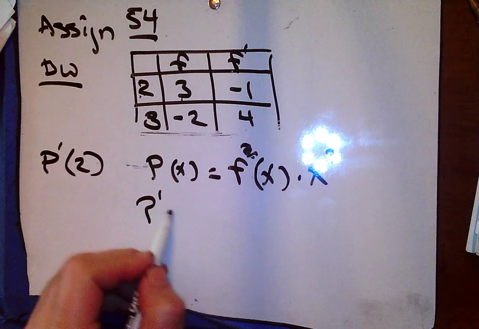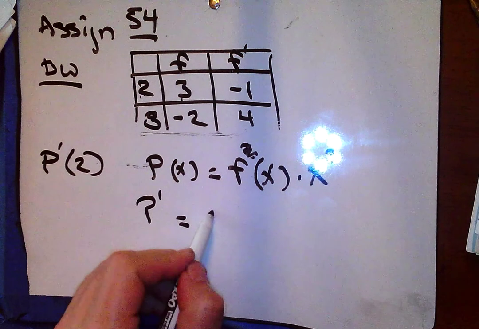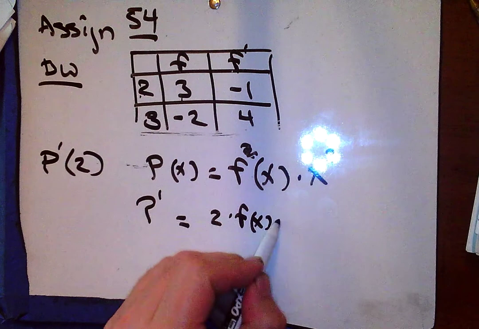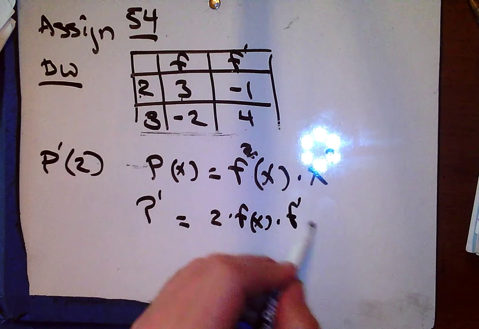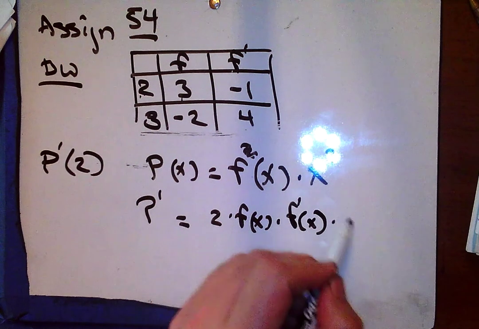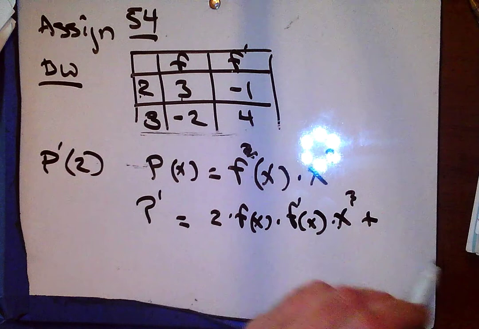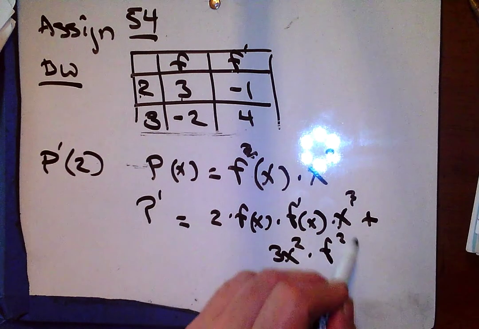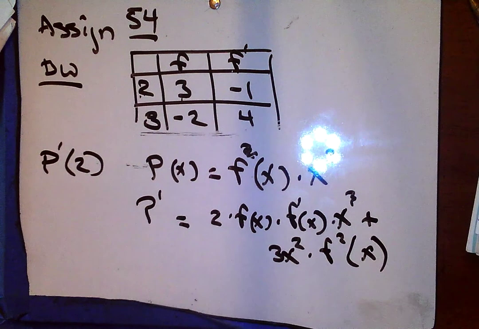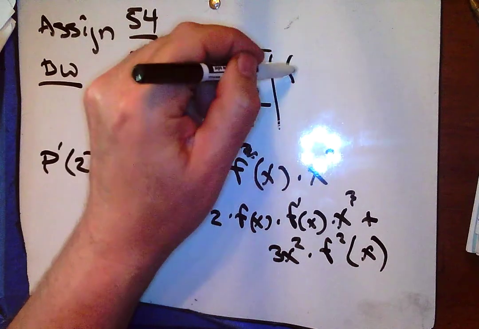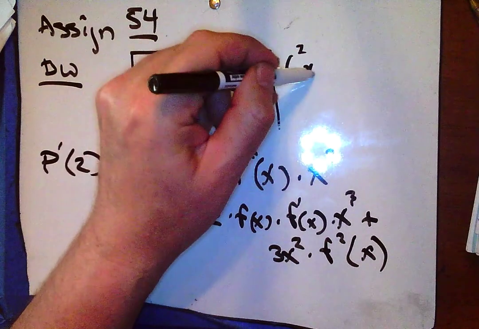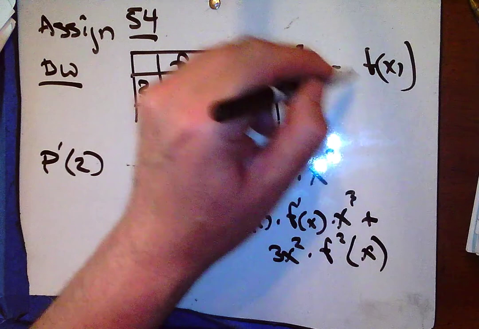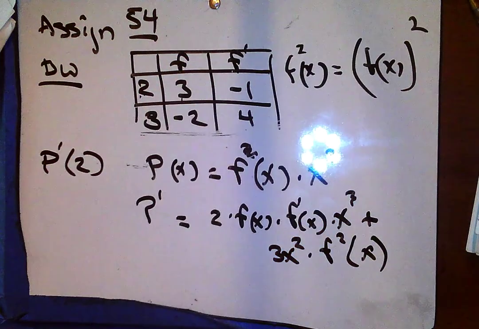Did you get that p prime was going to be 2f times f prime times x to the third plus 3x squared times f squared? Because remember, when you see this f squared, that's the same as f of x being squared.